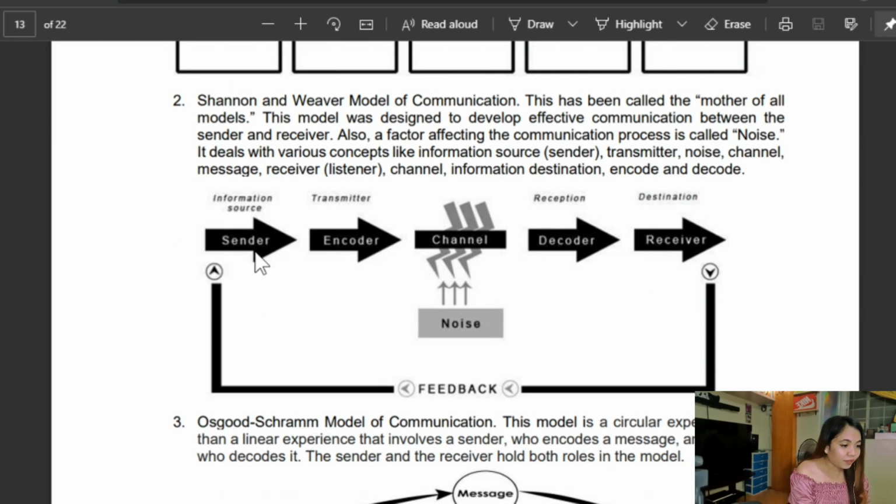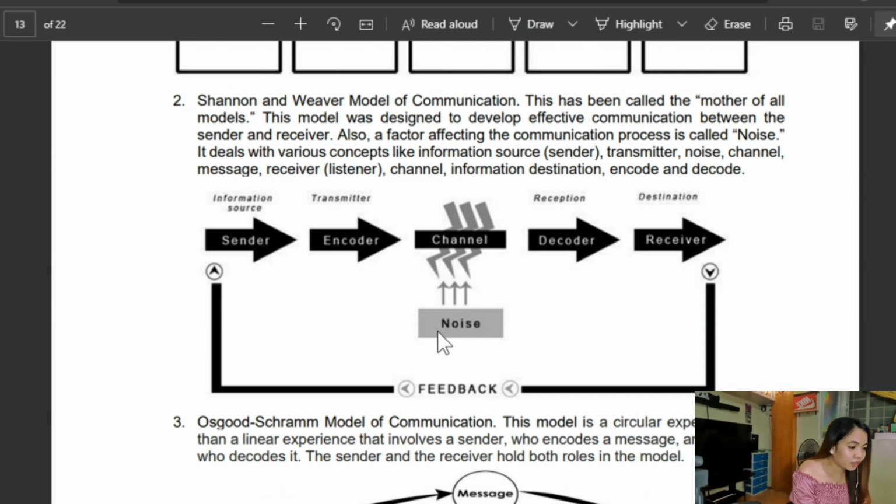So we have here the sender. Okay, the sender encodes the message being sent. Channel refers to the different way in which the message was transmitted, pwedeng phone, chat, writing, or whatever. So we have here noise.